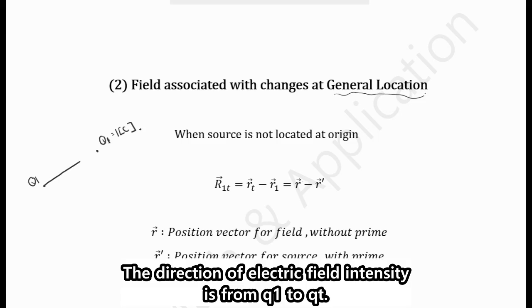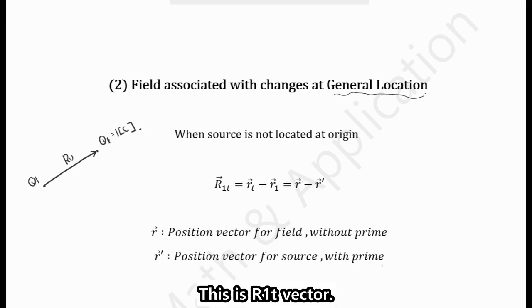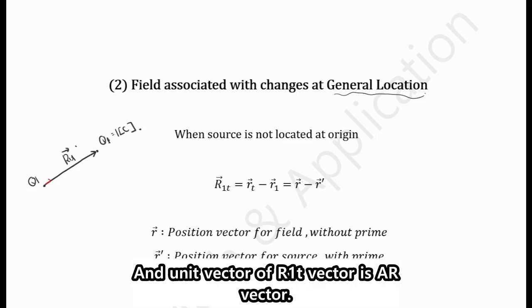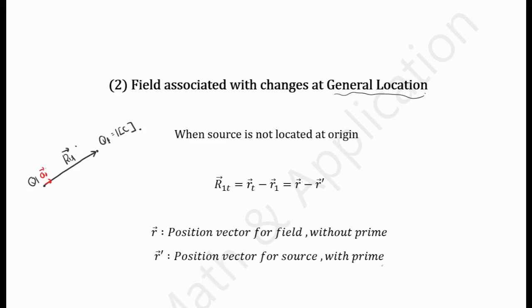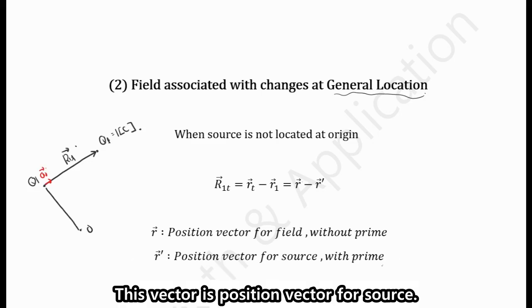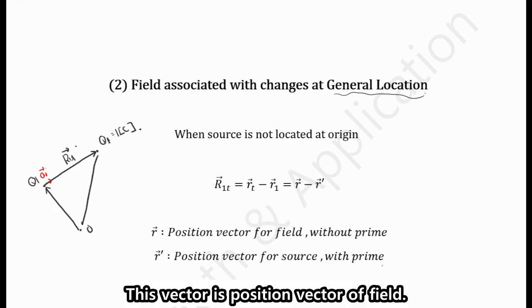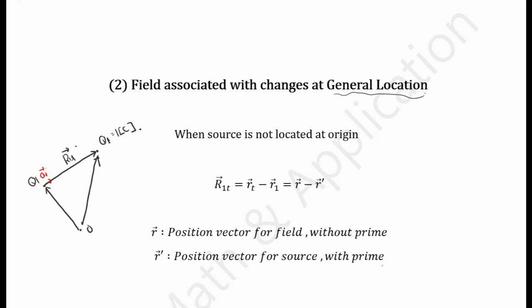So the direction of the electric field intensity is from Q1 to Qt. This is the R1t vector, and the unit vector of R1t vector is AR vector. So this is the origin. This vector is the position vector for the source. This vector is the position vector of the field. R1t vector is R minus R1 vector.